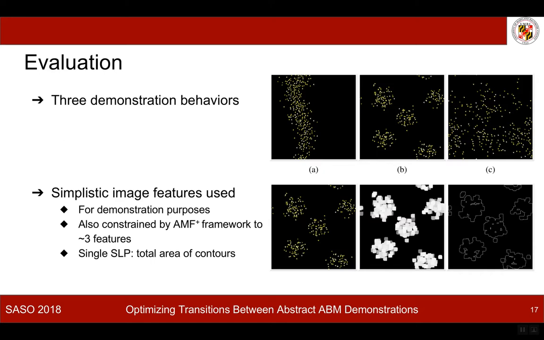This was the total area of the contours. The bottom right image shows how we achieved this. We were also constrained by the AMF Plus framework to only 3 features.